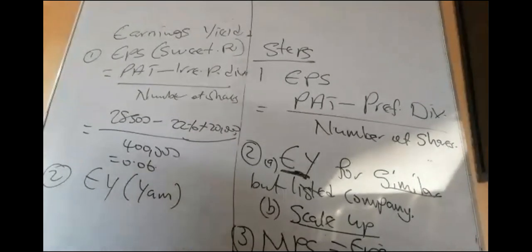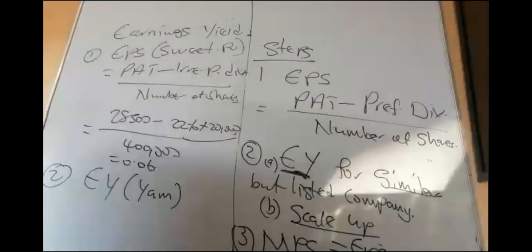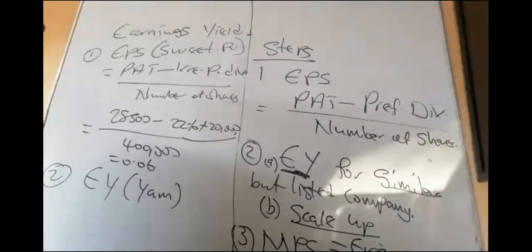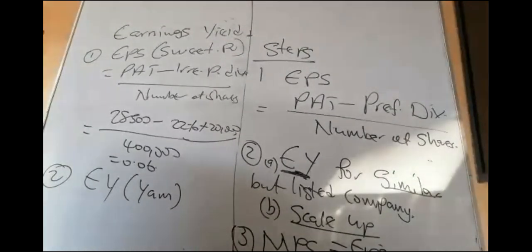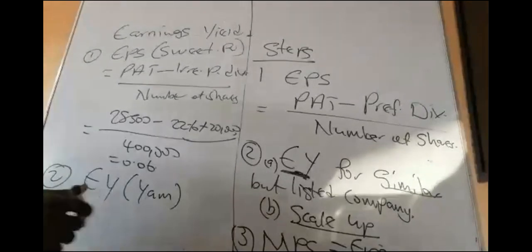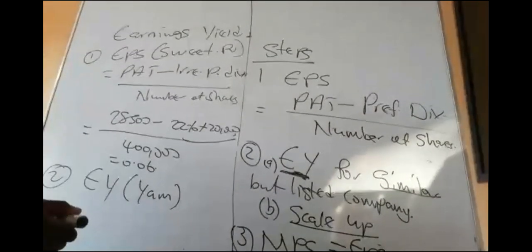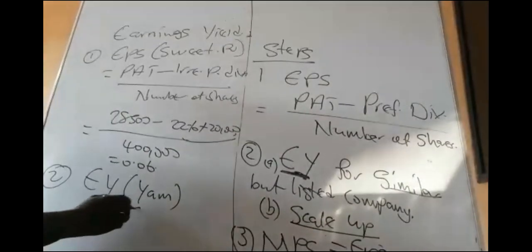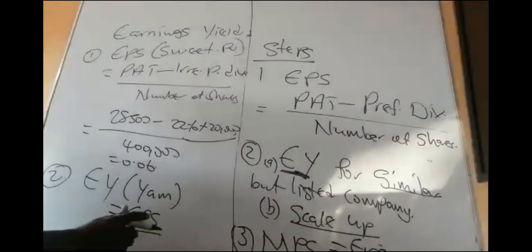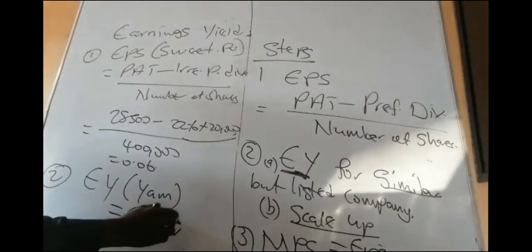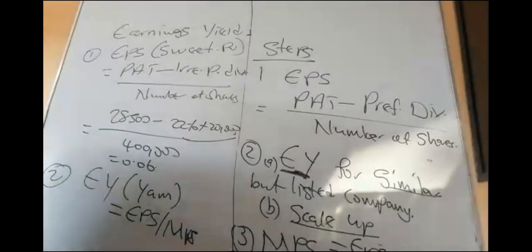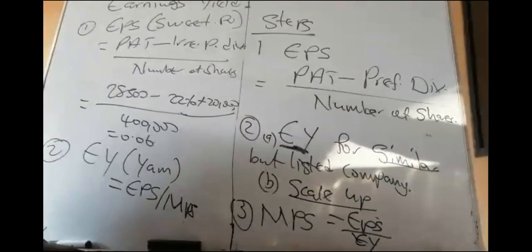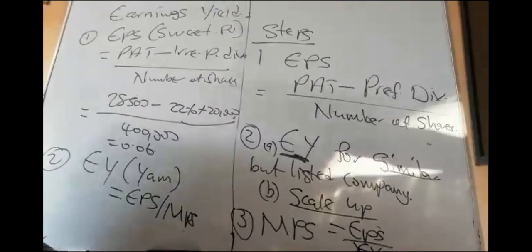So to get earnings yield, we said that yield is that item per share over the market price per share. So earnings yield is nothing but earnings per share over the market price per share of the company.